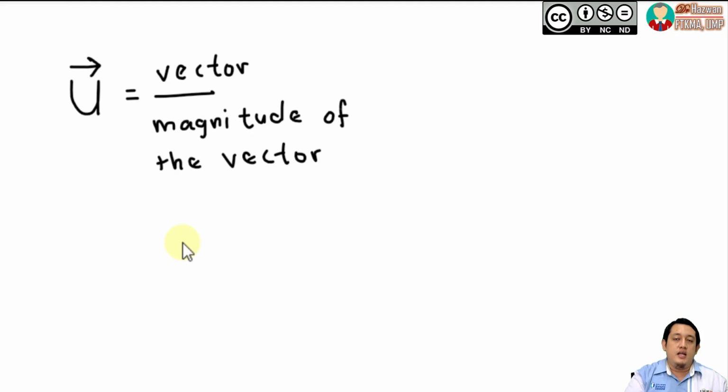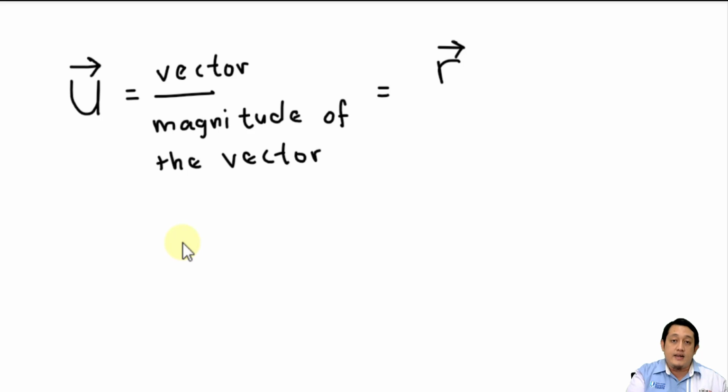For example, let's say we have a vector of a direction, and usually we label the direction as R. This is a vector, and this will be the magnitude of the vector. Vector over magnitude of the vector. Because it is a vector, we need to have Rx i plus Ry j plus Rz k, the Cartesian vector form.